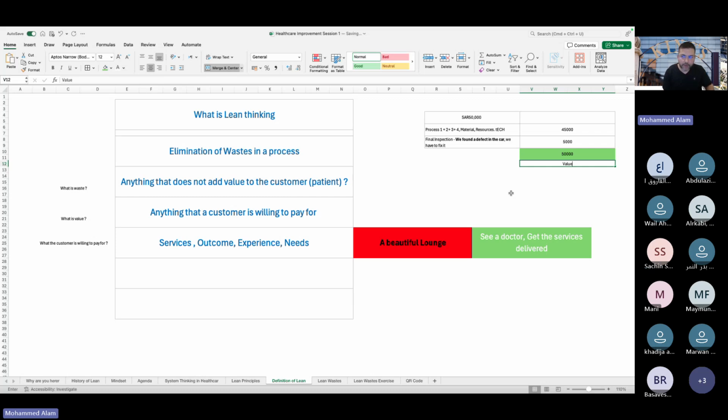One is value add cost, and second is a non-value add cost that we would not know, but this is how organizations work.